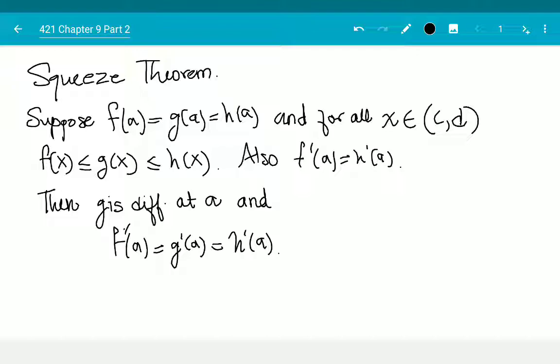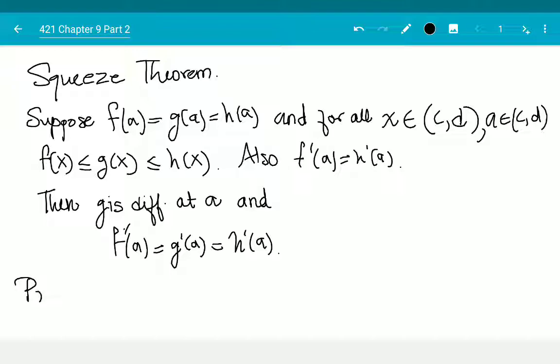Okay, so we don't need the interval, we just need some area around a where this is happening. So that's why we take this with a in (c, d). Okay, so we have this.